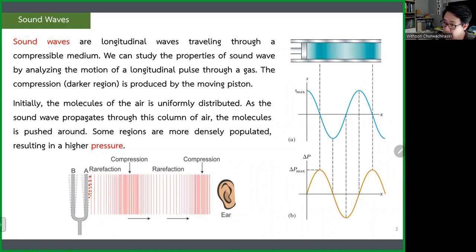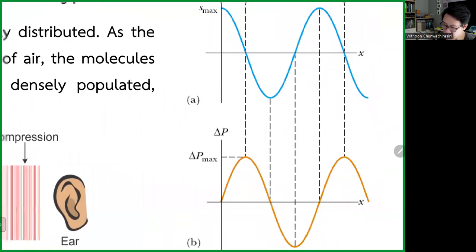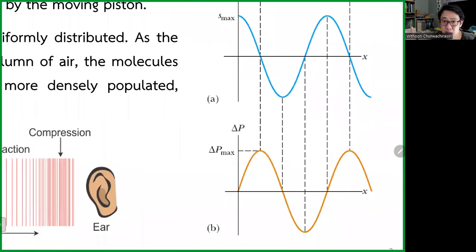All right, so when we talk about sound waves, you can also talk about a pressure wave. It's a wave of the variation of pressure. That's why in the textbook they discuss that if you look at the displacement of the air molecules, it's a sinusoidal wave. However, if you consider the pressure variation, it also shows sinusoidal behavior.